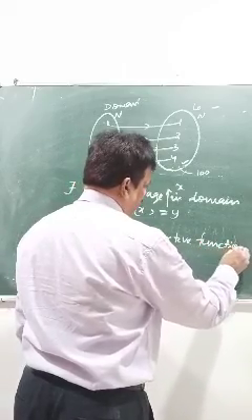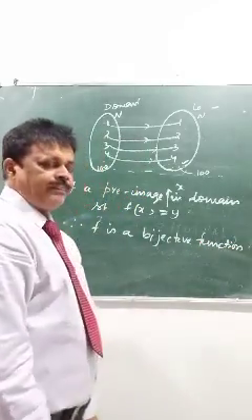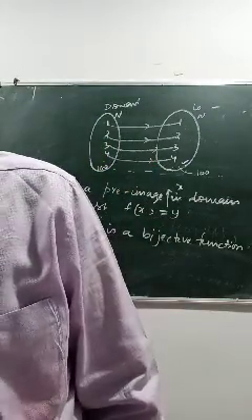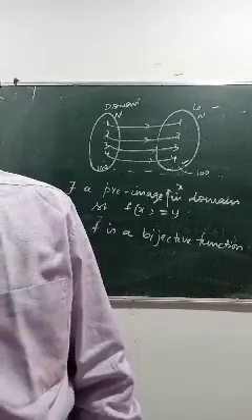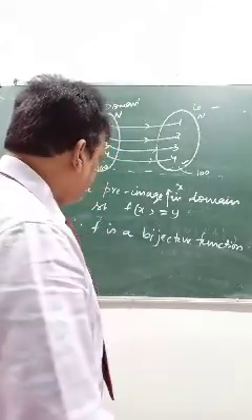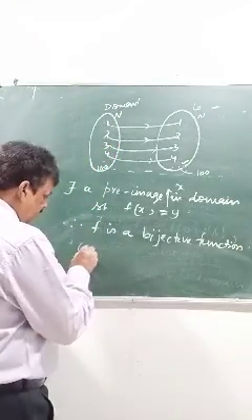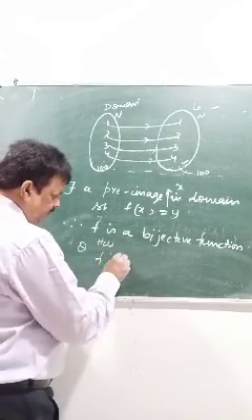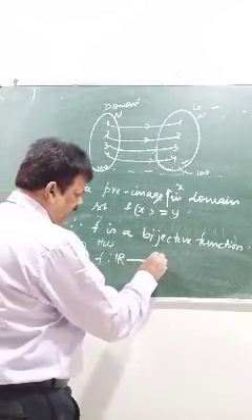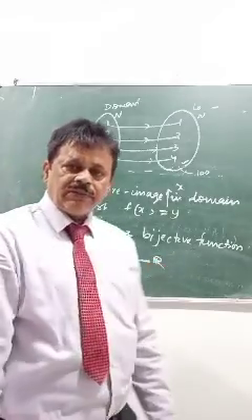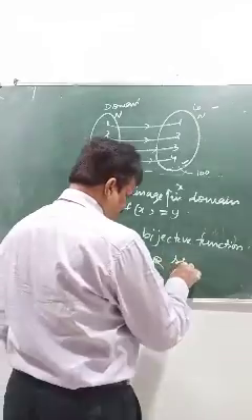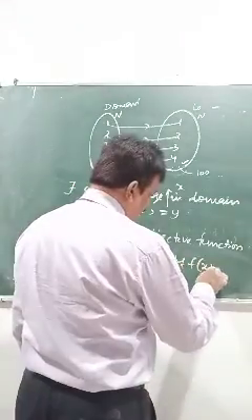F is a bijective function. Okay. Now, if the same question is asked here, this is homework for you. F is a function from real number to real number such that f(x) equals mod x.